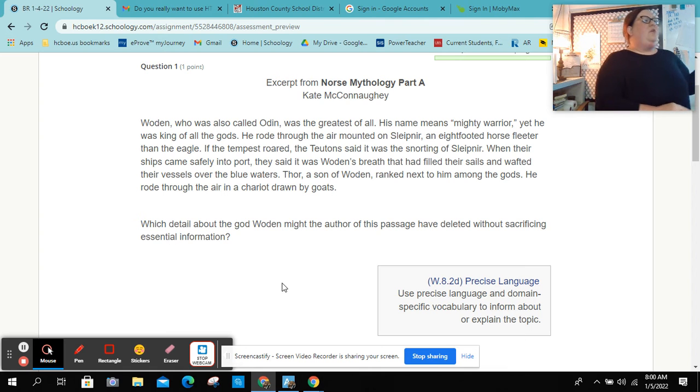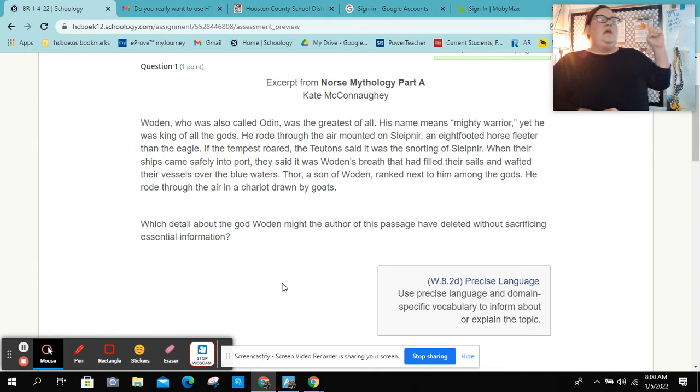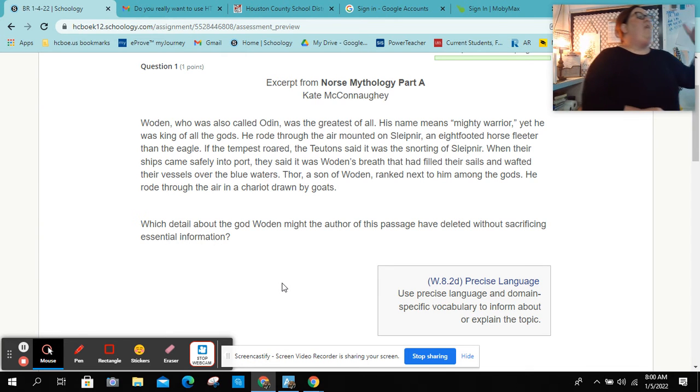Now, essential means that it is important, okay? So what can we give up that is not going to make a difference in this paragraph and still let us know what we need to know? All right, what can we give up in this paragraph that is not essential or vital to the paragraph?